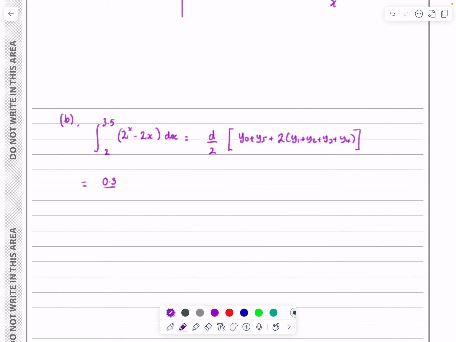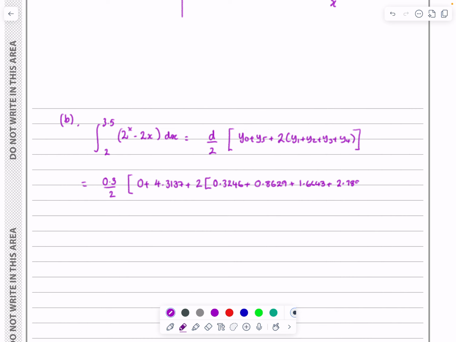The distance D is 0.3 from the table, and then we've got 0 plus 4.3137 plus 2 lots of all the others, and they are 0.3246, 0.8629, we've got 1.6643, and we've got 2.7896.